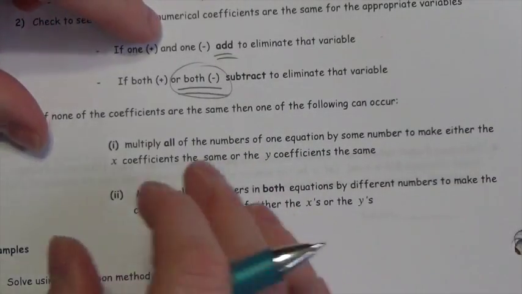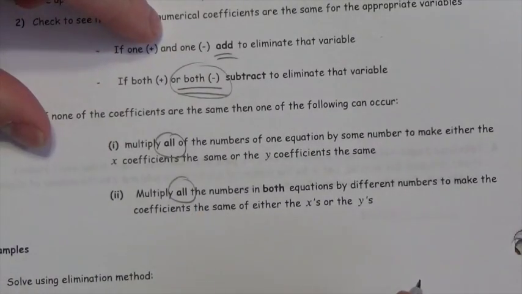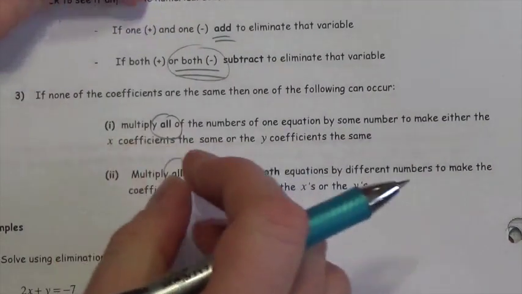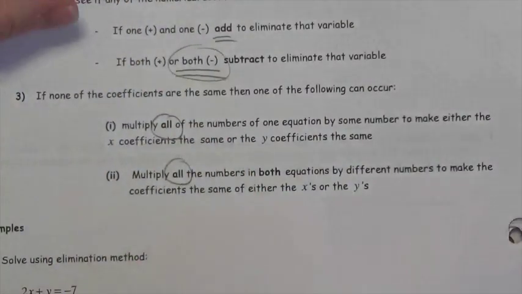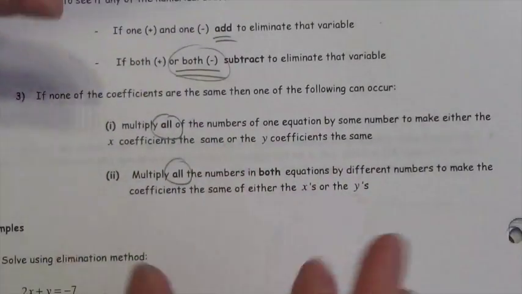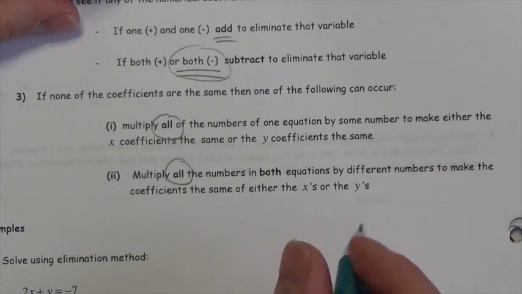But just make sure that when you multiply it through, you're multiplying all of the numbers in both of those equations through. You're either going to make it so that you've got a positive term and a negative term, so that when you add them together they disappear, or you keep them the same and then just make sure that you're subtracting appropriately.